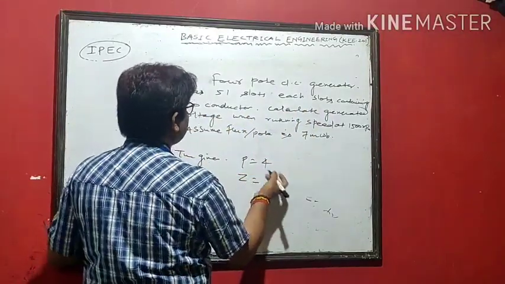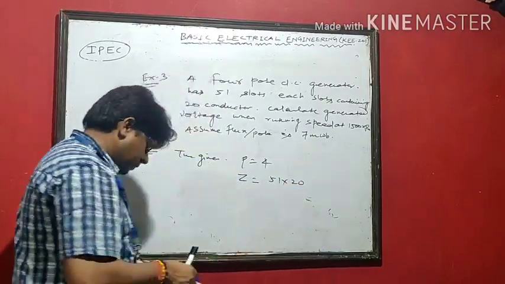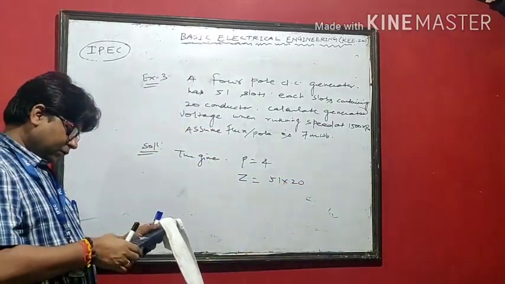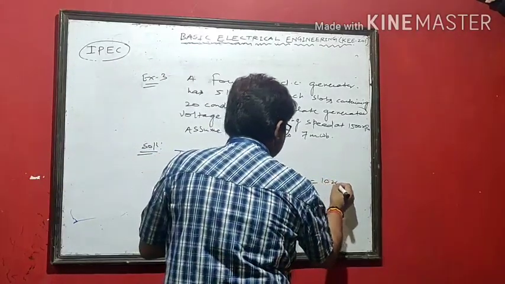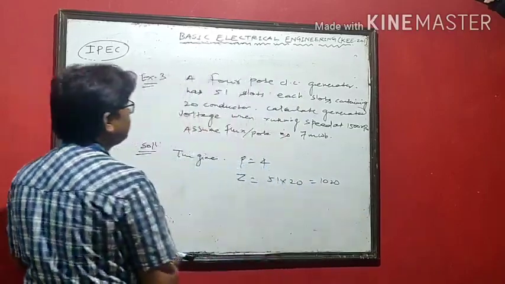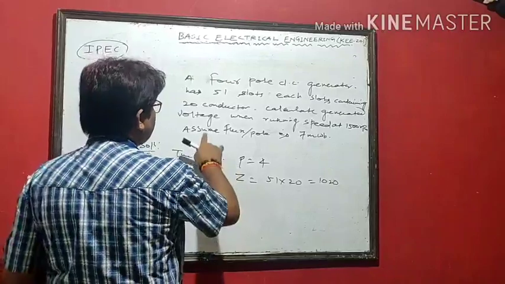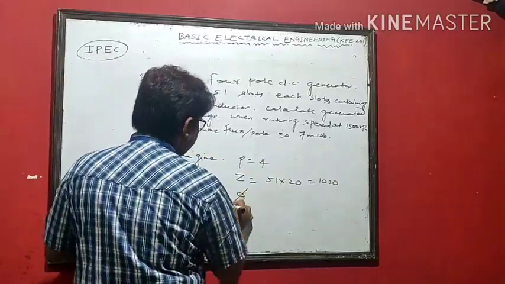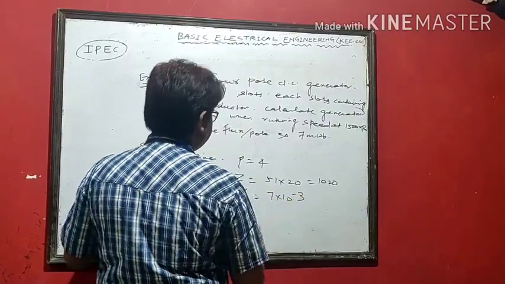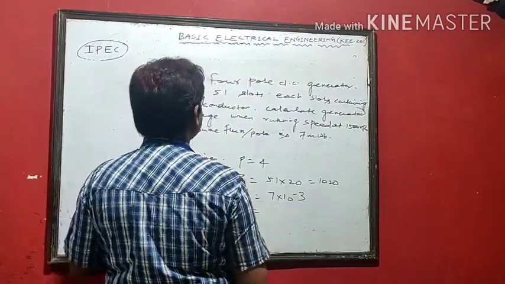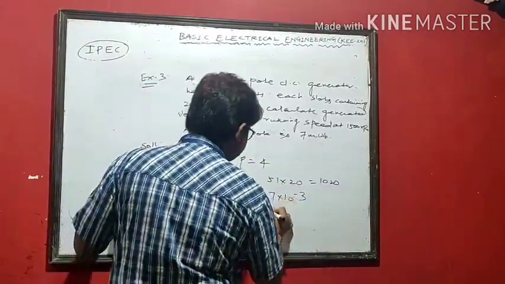That means Z total is 51 into 20, that is equal to 1020 conductors. Flux per pole phi equal to 7 × 10 to the power minus 3 and speed N equal to 1500.